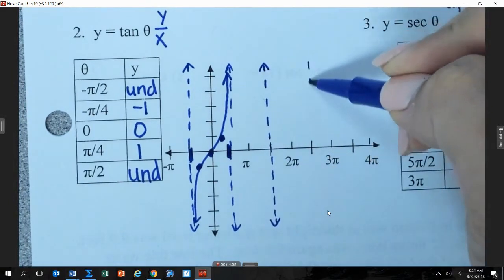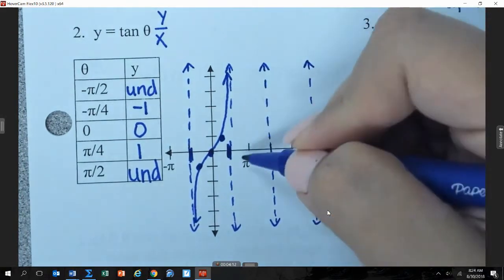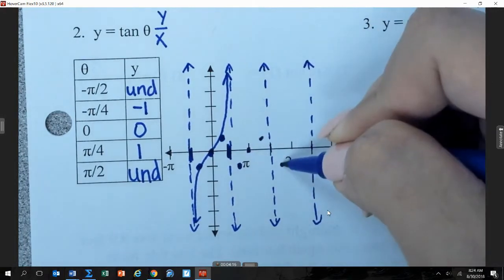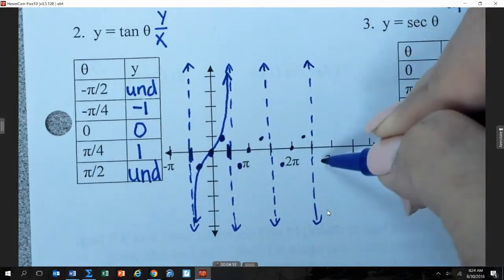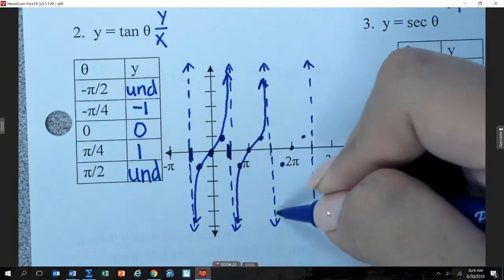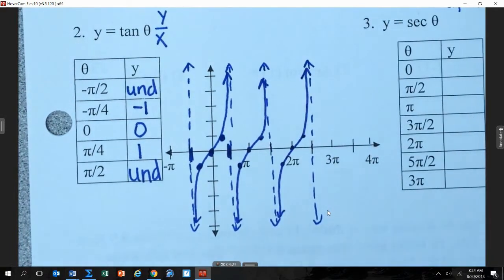I'll have another asymptote here, etc. Okay, it's going to keep repeating. It's going to go from a y value of negative 1 to 0 to 1, negative 1 to 0 to 1, etc. Any questions about the tangent graph?